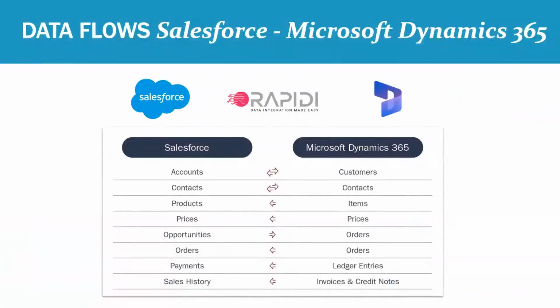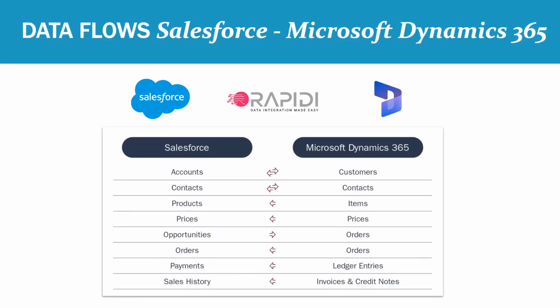Now, speaking of the pre-built mapping templates, as you can see here on the screen, we will talk specifically about Salesforce and the Microsoft Dynamics 365 ERPs. Here on the screen, you will see the most common scenarios that we usually see.